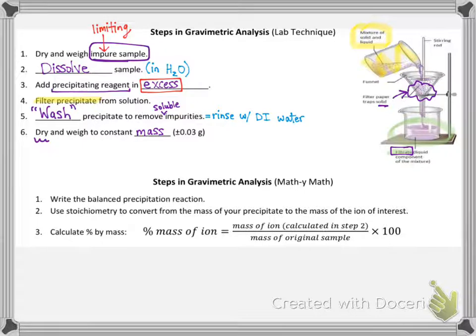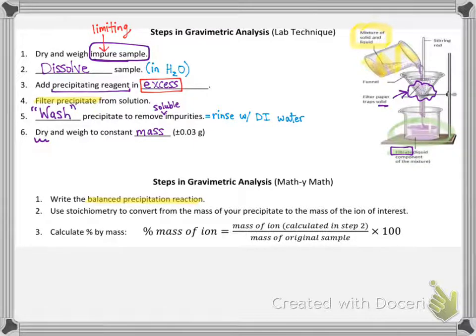So that's what it looks like in the lab. But our tests are on a piece of paper. So in that case, we're just manipulating the data given. The chemistry and math steps for gravimetric analysis always follow the same three steps. It's very convenient. First, you need to write the balanced precipitation reaction, because unless you know the ratio between the precipitate and the ion you're looking for, this is going to be kind of challenging.